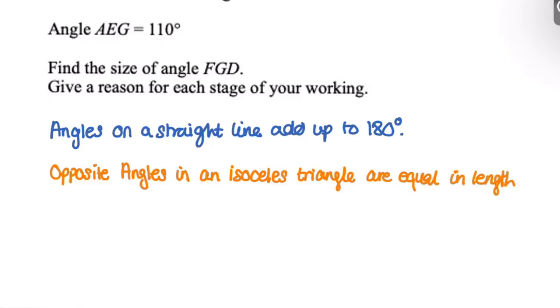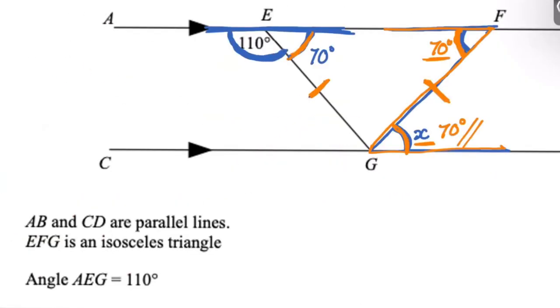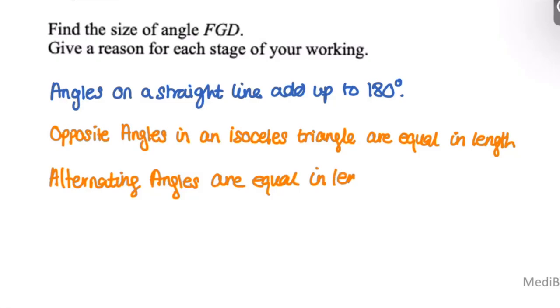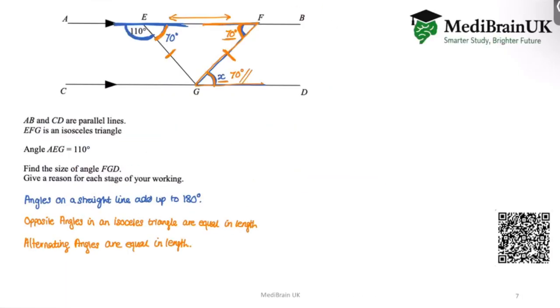And then we finally used that alternate angles, Z angles, are equal. So those are the facts that we used, and we saw that the final answer was 70 degrees.